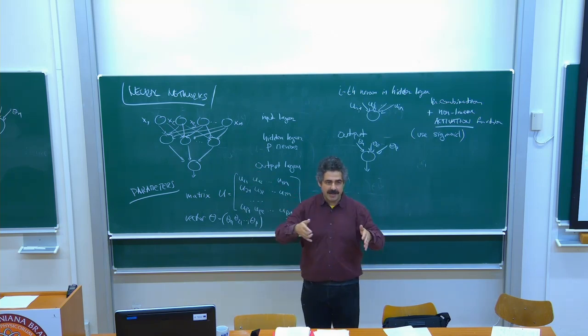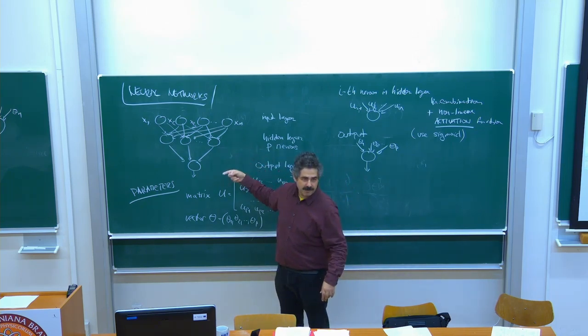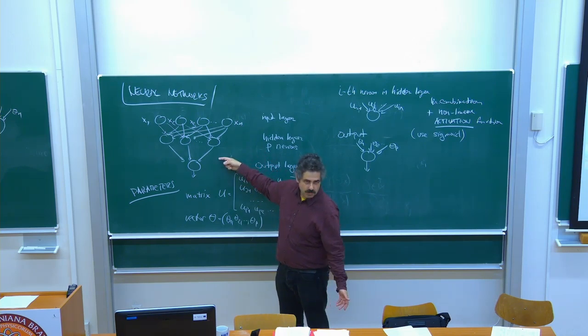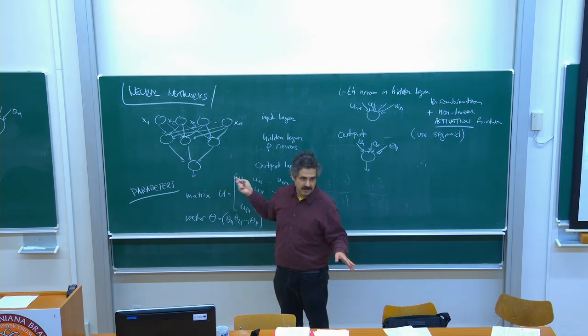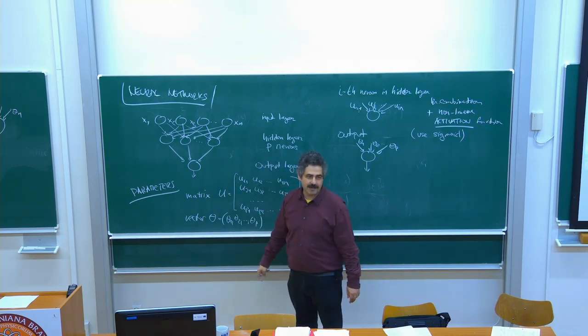There is no reason why I can't have different sizes on different levels. So my matrices, which correspond to the parameters, will have corresponding sizes. If I have some P2, then I will have a matrix with P1 times P2 values. So for each layer there will be a separate matrix.